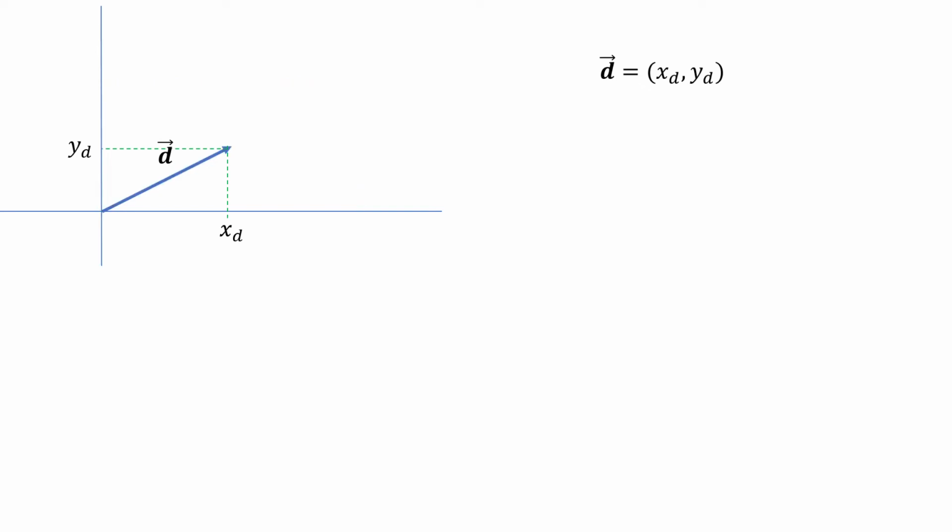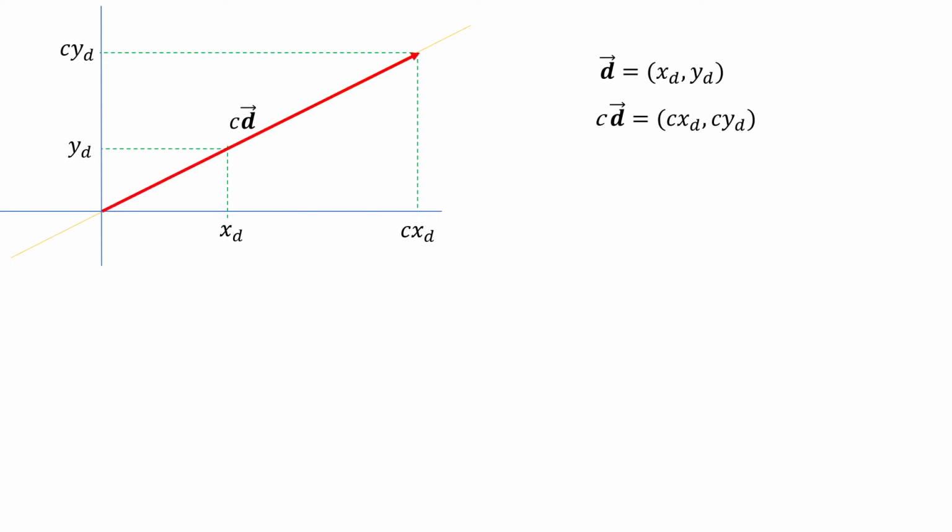Now let's consider the more general case. We have a vector d. We want to multiply it by some constant c, okay? Now in this example, we consider c positive in a drawing. So now if we draw a straight line through a vector d, what we find is that the coordinate cxd, cyd is going to lay on that straight yellow line, okay?